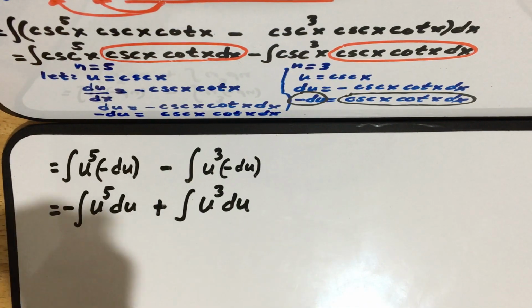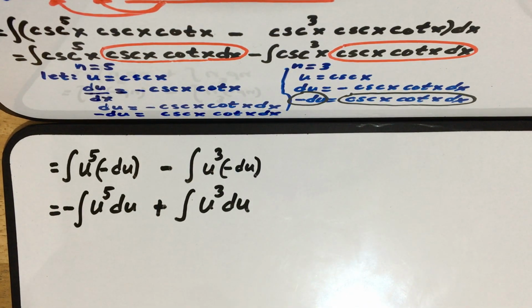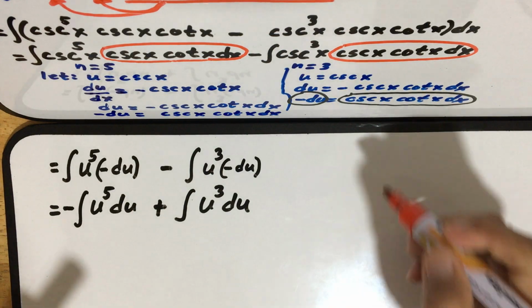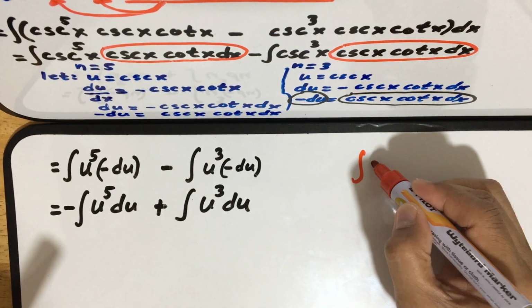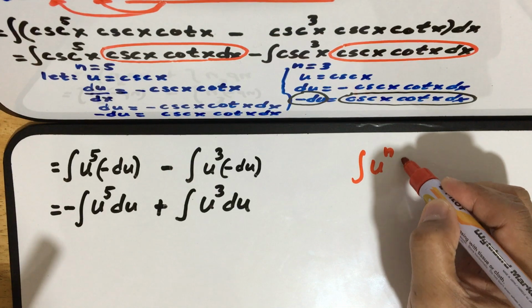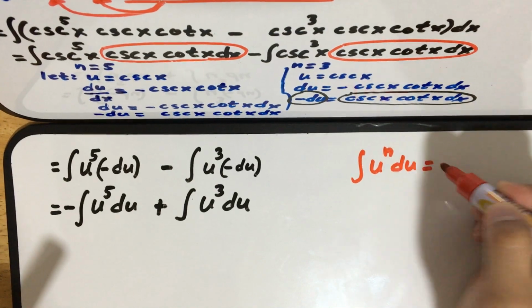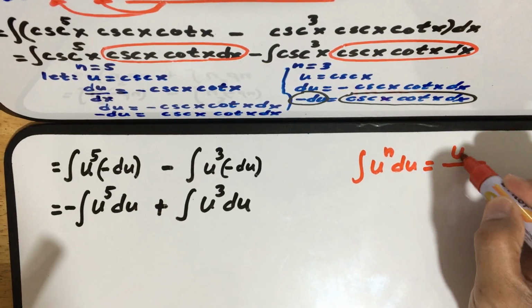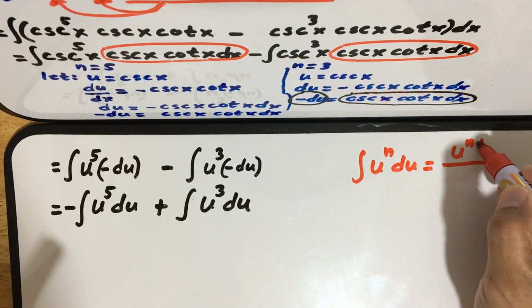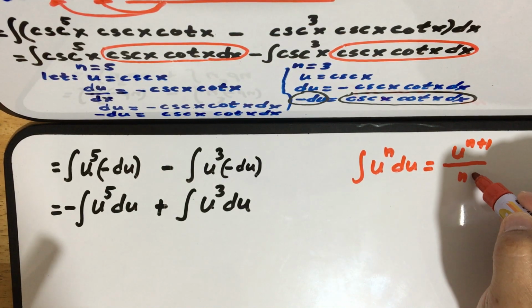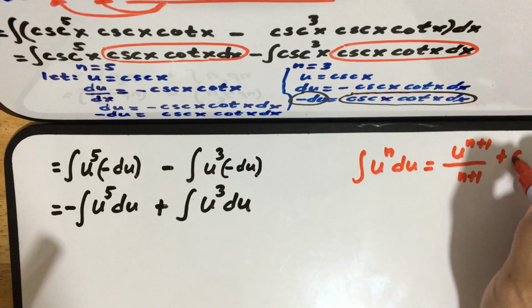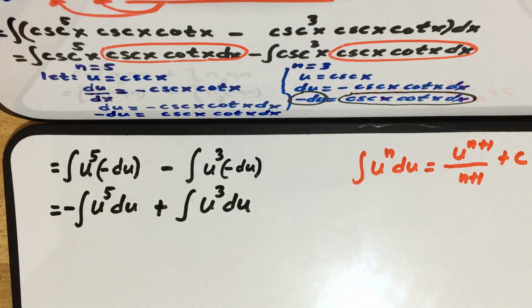Then using the power rule, our power rule is integral of u to the n du is equal to u to the n plus 1 over n plus 1 plus c. So we have to make use of that power formula.